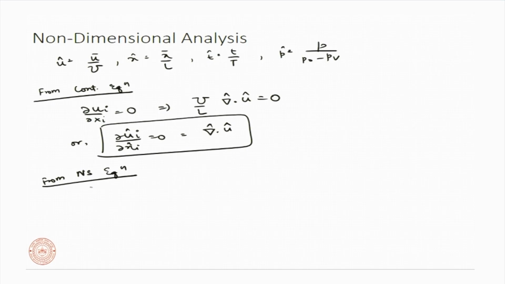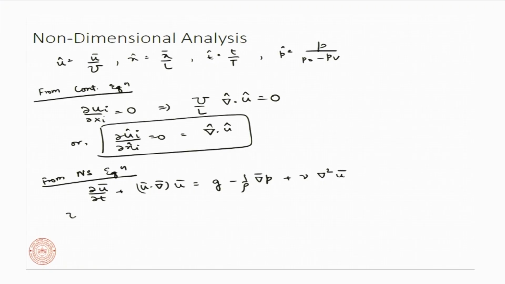Our NS equation is del u vector by del t plus u vector dot the gradient vector of u vector, equals g minus 1 by rho gradient of p plus nu Laplacian of the u vector. Okay.